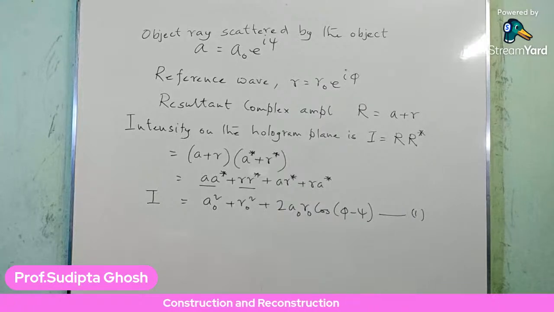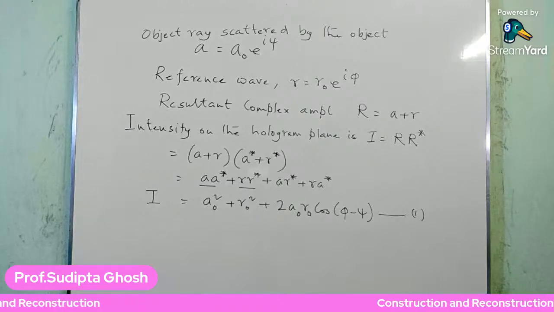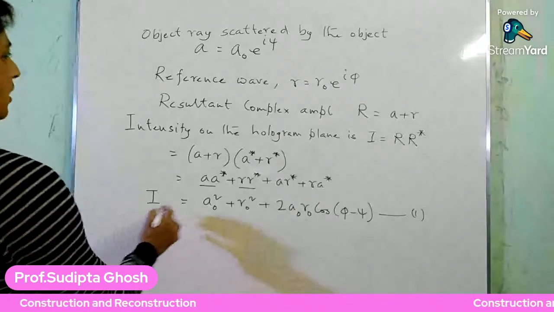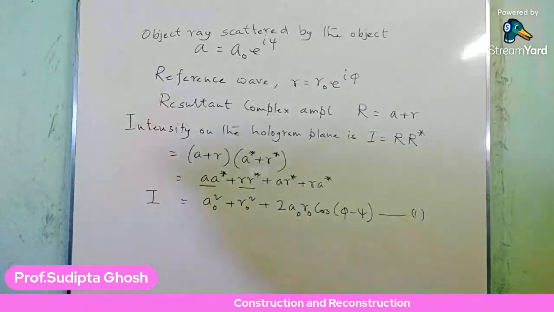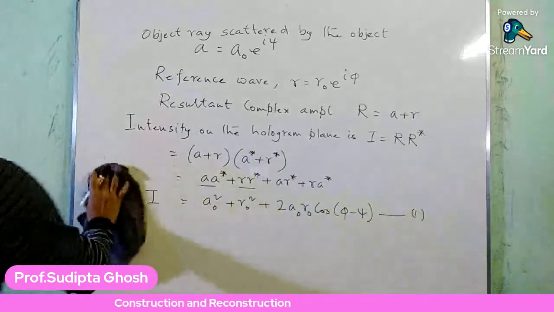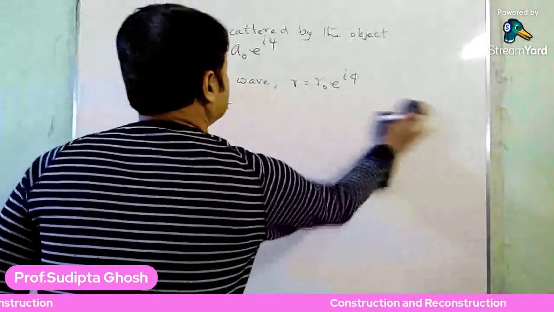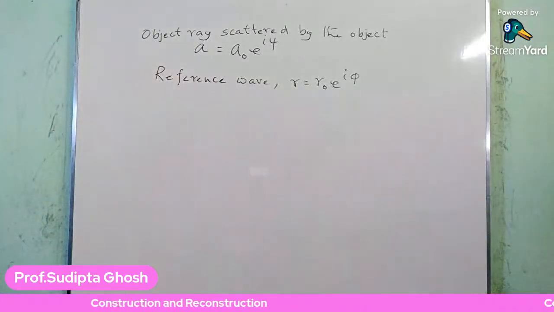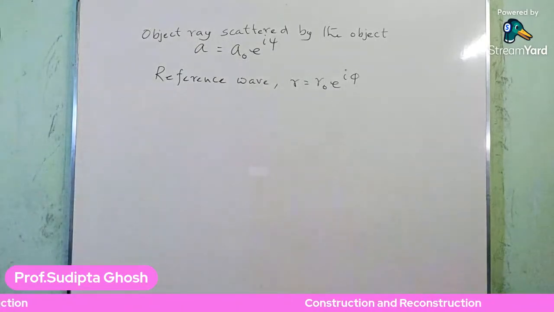So the original reference beam is used. Then the complex amplitude of light just after passing the hologram. Let's wipe out this equation and leave this reference wave, because it is now used for the reconstruction process.